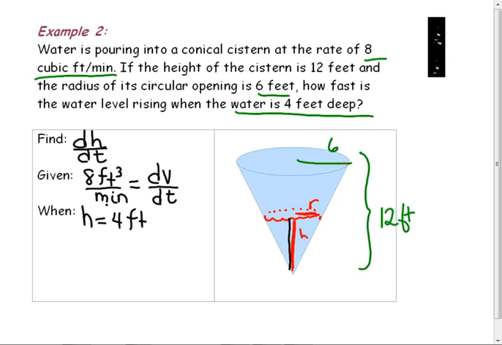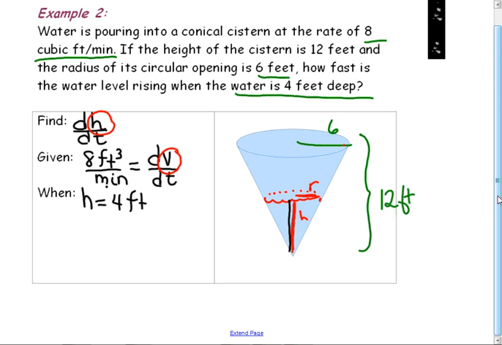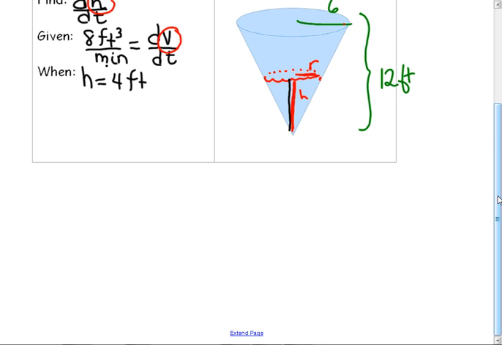And now I can look over here and I can figure out what it is I want to relate. I want to relate the volume with the height of the cone. And they will give you the formula. You do not have to memorize it. Does anybody know the volume of a cone? 1/3 pi radius squared h. They'll give it to you because they don't want to see you get it wrong because you didn't know the formula.